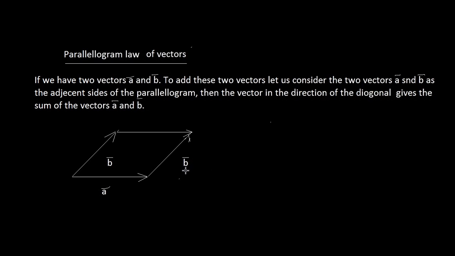Now the resultant of A bar plus B bar, the sum of vector A and vector B, is in the direction of the diagonal of this parallelogram. If we draw a diagonal from the initial point of A bar to the terminal point of B bar, this diagonal gives the resultant of vector A plus vector B. This is called the parallelogram law of vectors. It is used to add two vectors A and B.